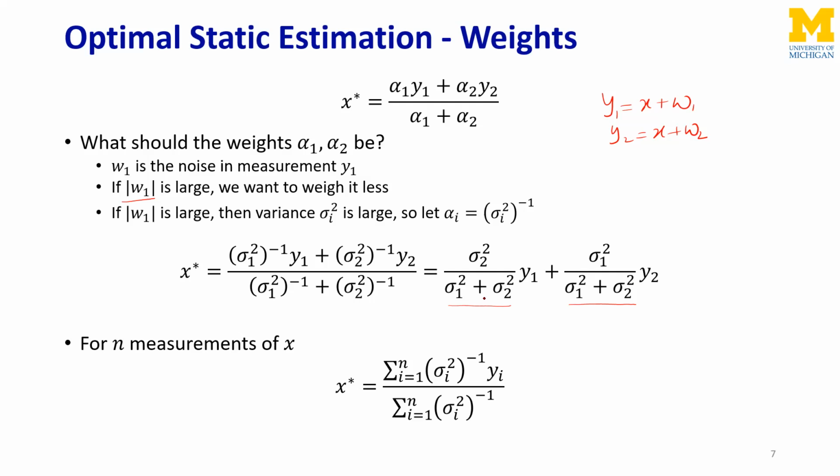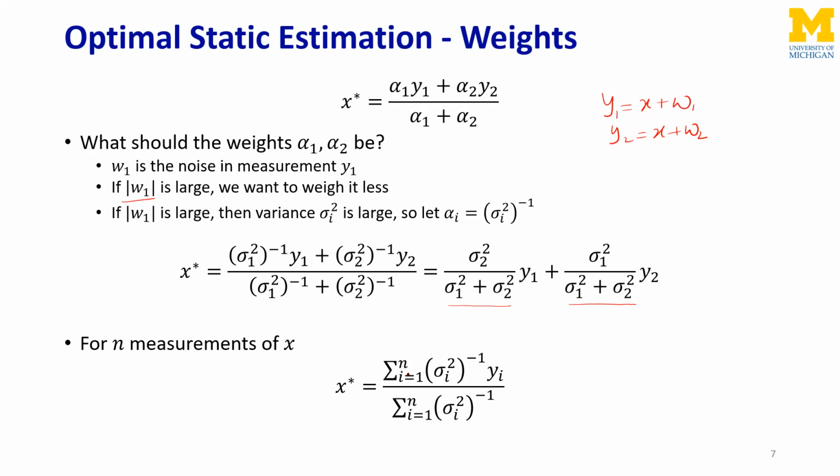The best estimate is given by this equation, and this method can be extended to any number of sensors. So if you had n sensors, each measuring the variable x, then the best estimate of x is actually given by this expression.